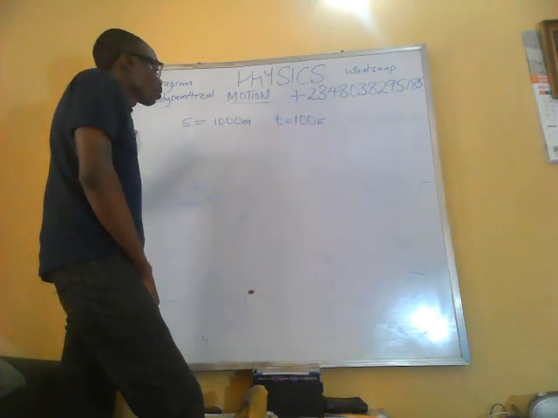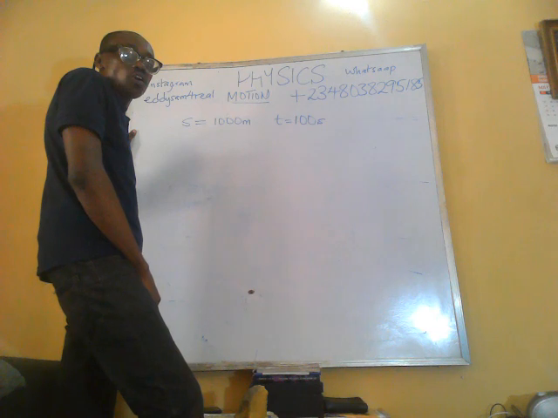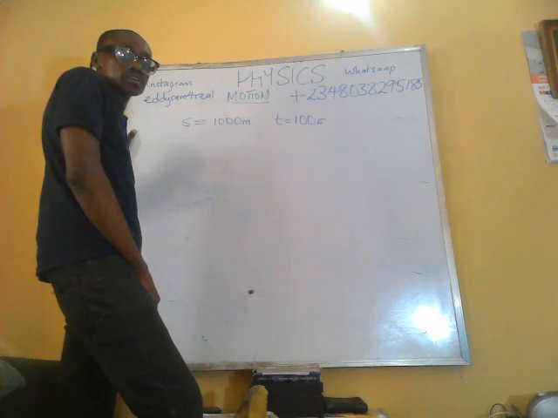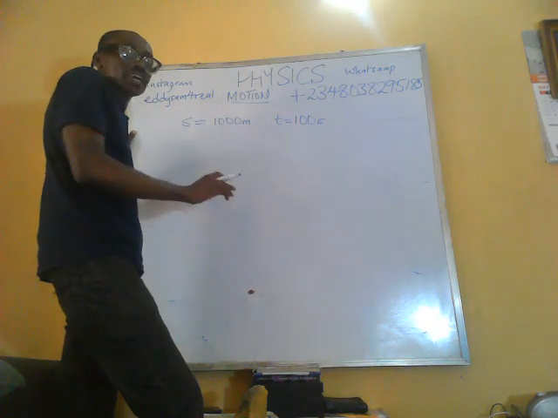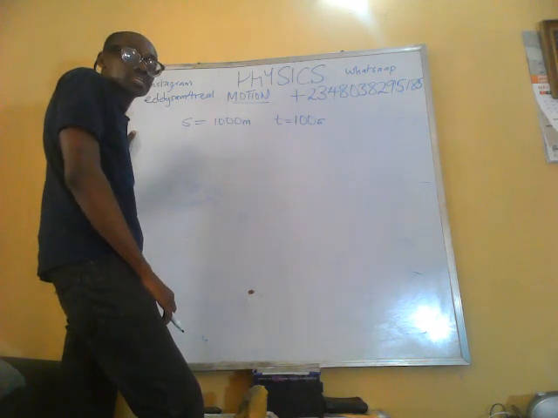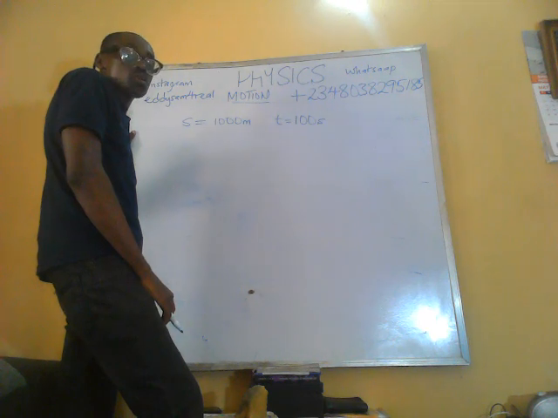So what is the speed of the train? A train covered a distance of 1,000 meters within a time frame of 100 seconds. What is the speed of the train?